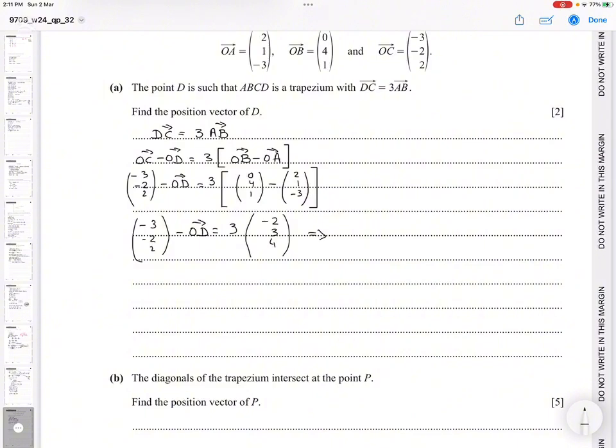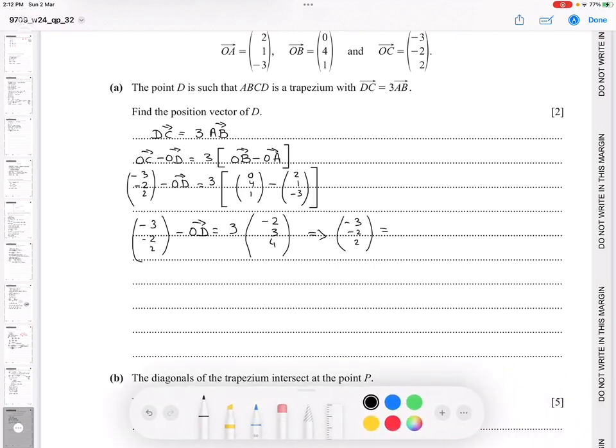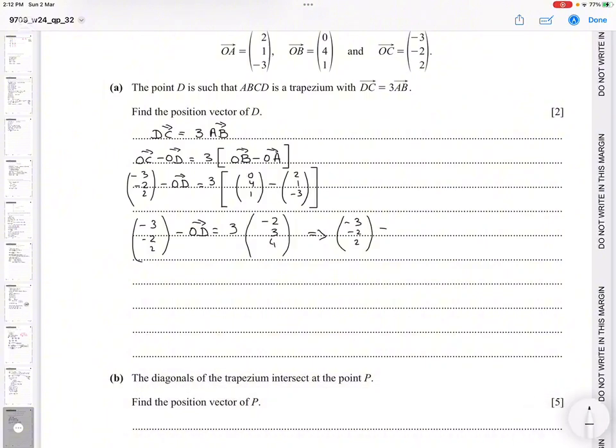This gives me minus 3, minus 2, 2 minus OD equals 6, 9, 12.